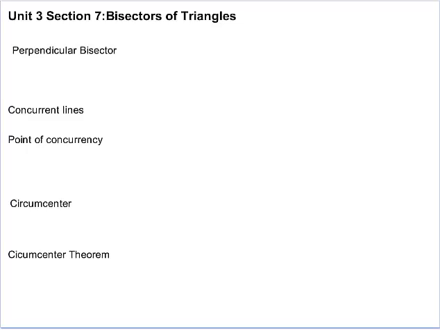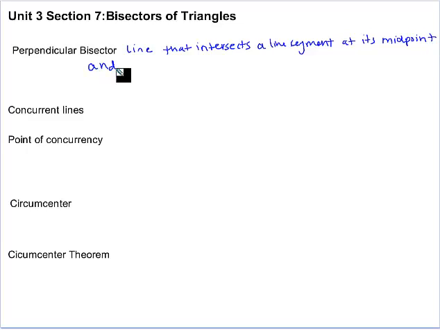This is Unit 3 and bisectors of triangles. So first off, we need to refresh our memories as to what a perpendicular bisector is. A perpendicular bisector is a line that intersects a line segment at its midpoint and also forms a 90-degree angle.